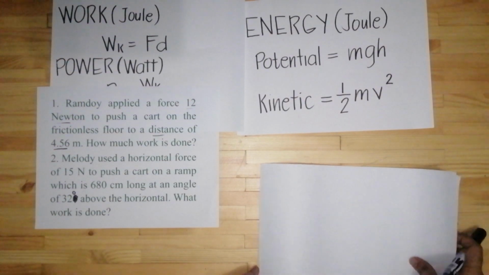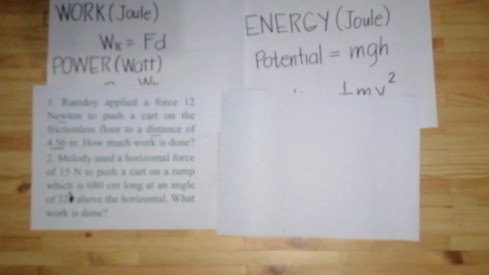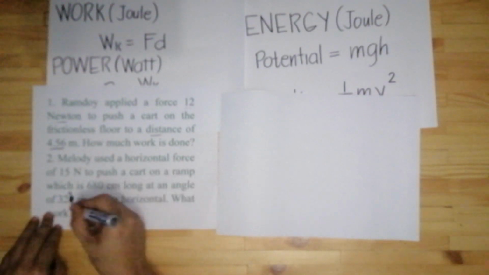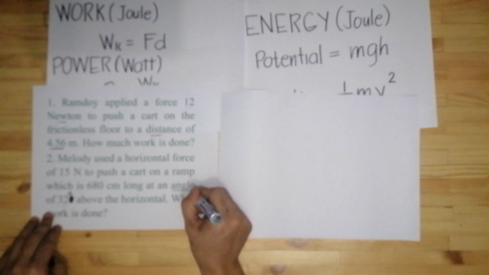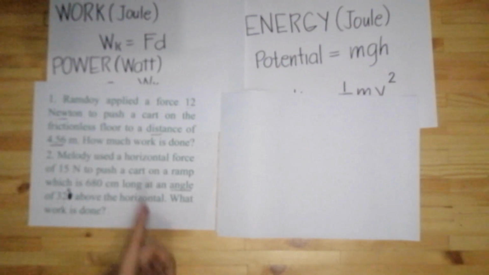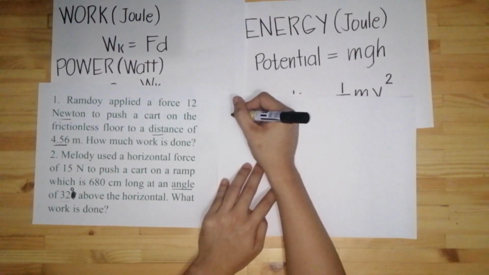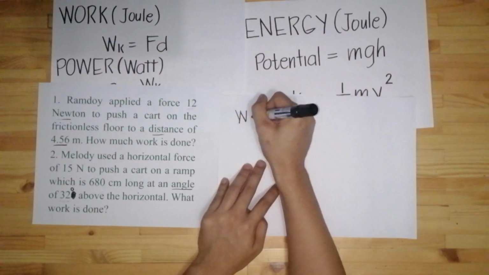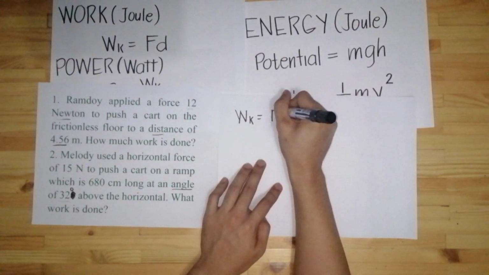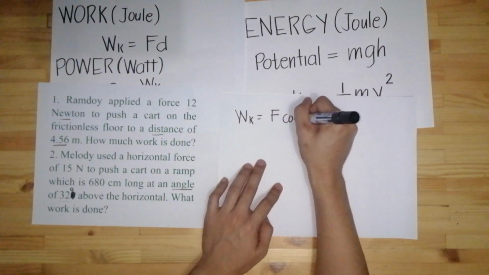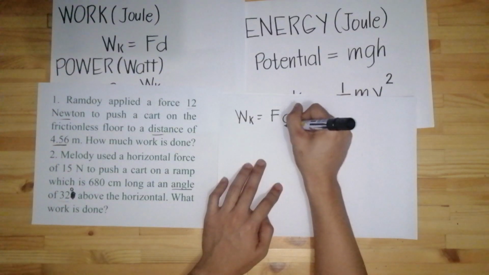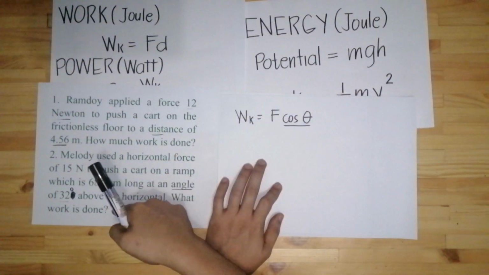What work is done? So dito, kapag meron kayo nakitang degree, may angle na binigay, dadagdagan nyo lang yung formula natin sa work. So instead na FD lang, gagawin nyo F cosine theta times D. Para yan sa degree natin na binigay. Okay?